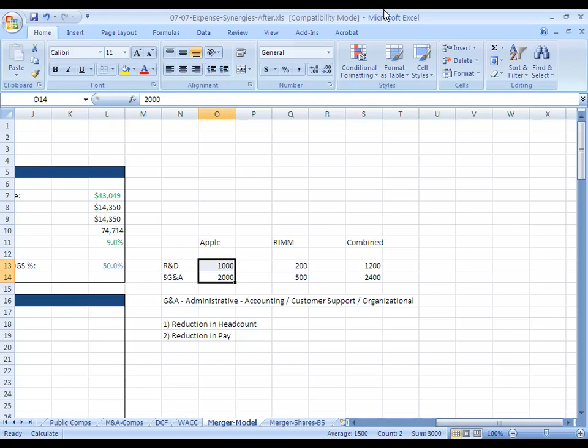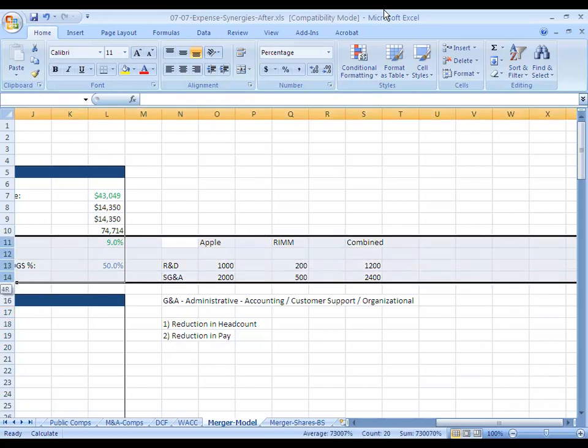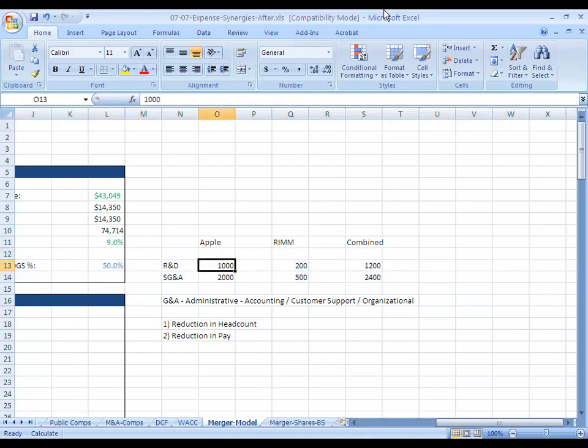The average headcount expense falls for the combined company. So those are two very common ways that expense synergies could come up in the context of a merger model like this. Again, we do not have the data for employees for Apple or RIM or the average expense per employee, so we cannot really make too much of a precise calculation here, but that's how we would actually go about doing that if we actually had that data.